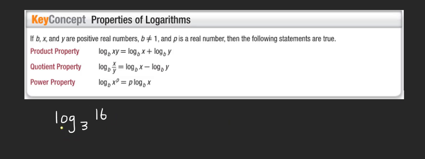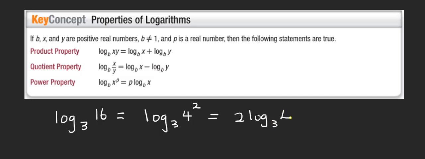When you have log base 3 of 16, you can rewrite this as log base 3 of 4 squared. Now using the power property, this exponent represents p, so it could go in front of the log. So we get 2 log base 3 of 4. But check this out.